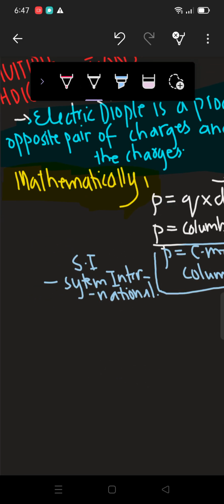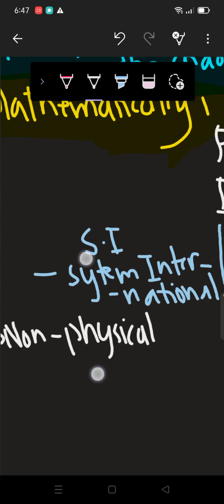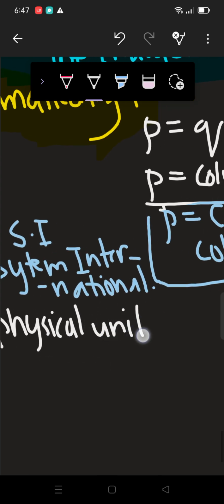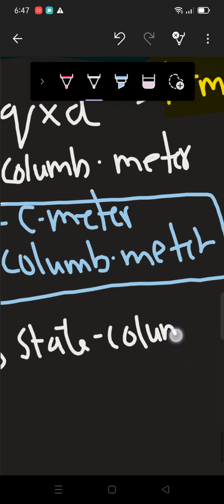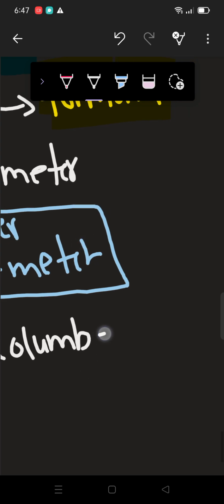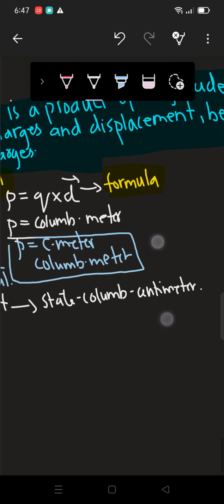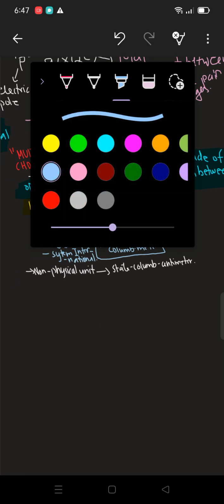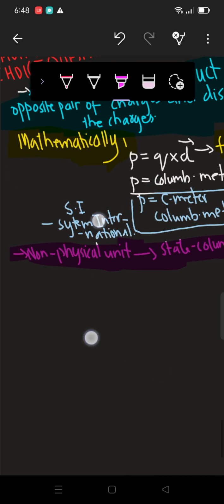The non-SI unit for the electric dipole is the statcoulomb centimeter. This is very important in terms of MCQs. The non-SI unit of the electric dipole is, of course, the statcoulomb centimeter.